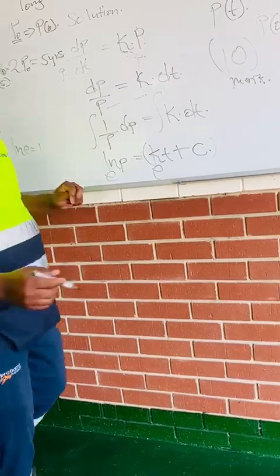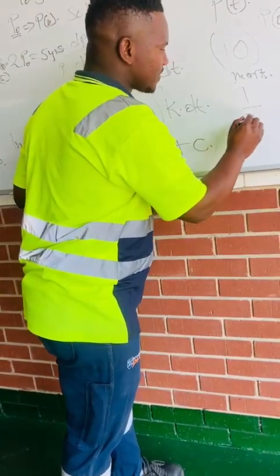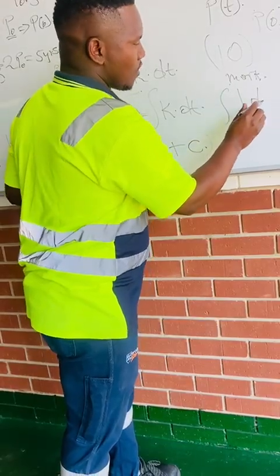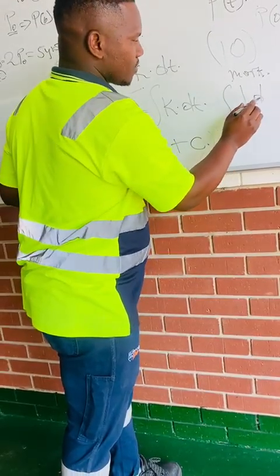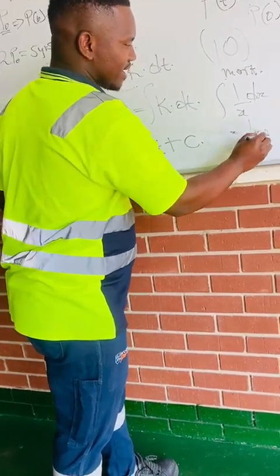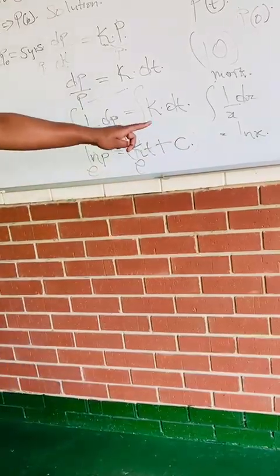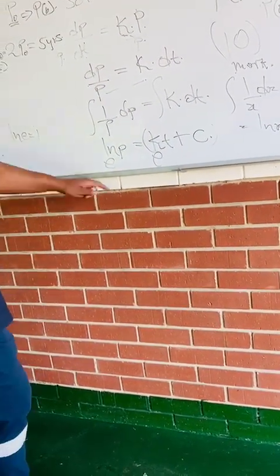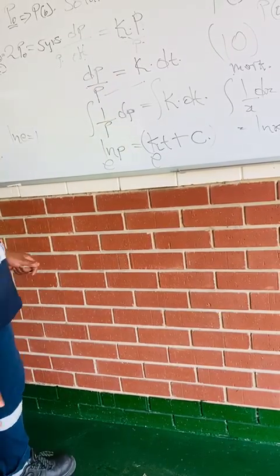We all know that the integral of 1 over x with respect to x is the same as ln x. That is the integral of 1 over x from our integration. Now, this is what is going to happen.